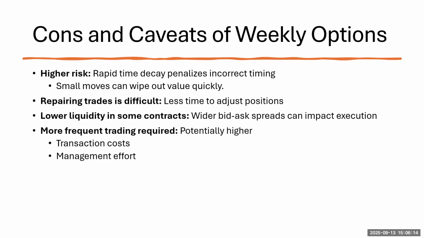So the psychology of shorter term options means that most of us are not going to be that comfortable with giving ourselves less than a day to be right, or even less than a week.